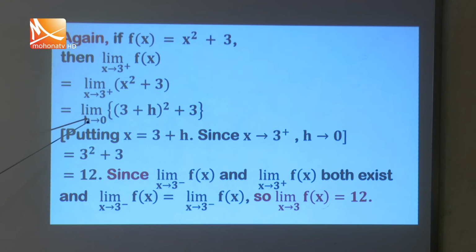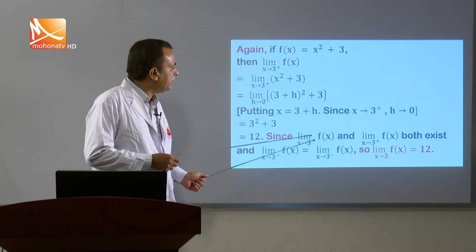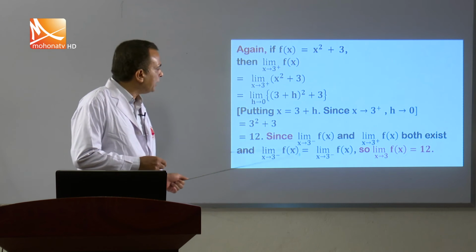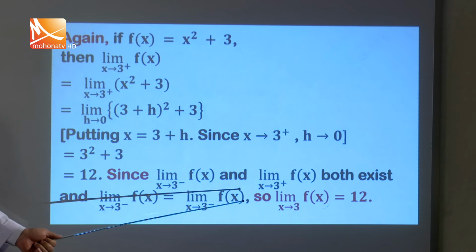After putting the limiting value h tends to 0, we get the limit of the function 3 square plus 3, that is 9 plus 3 equals 12. In this case, we see that the left hand limit and the right hand limit both exist and are equal. So the limiting value of f(x) equals 12 when x tends to 3. We can say like this.